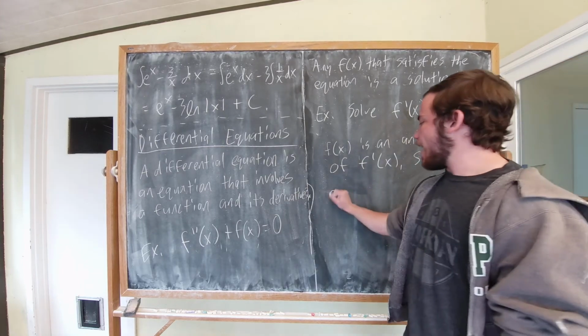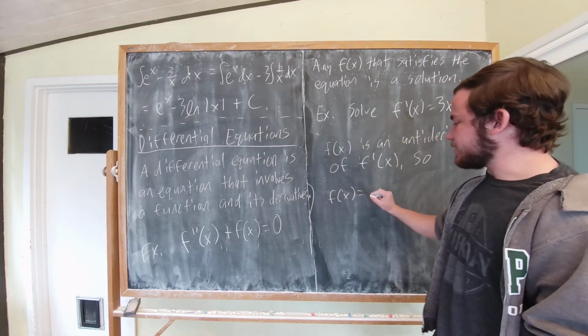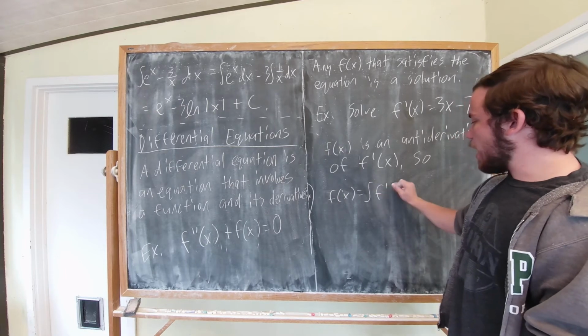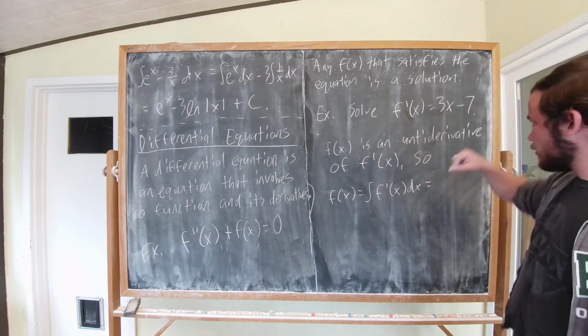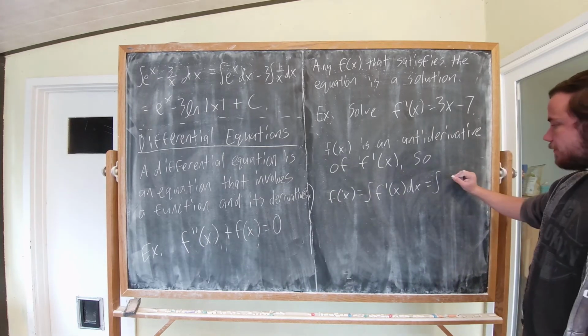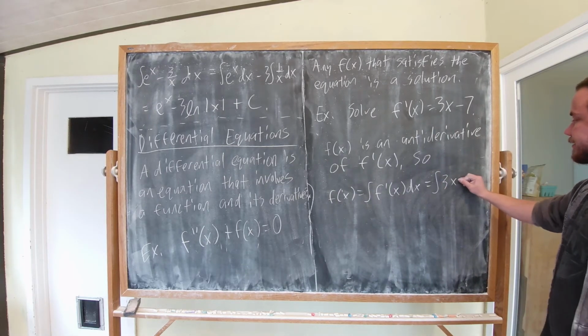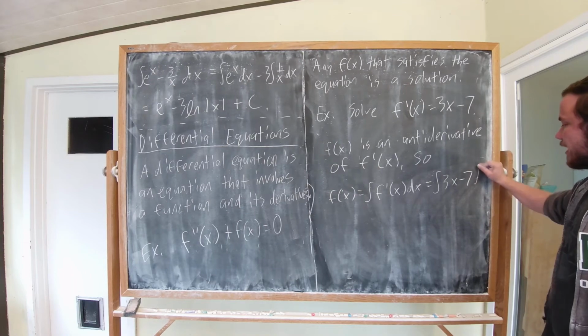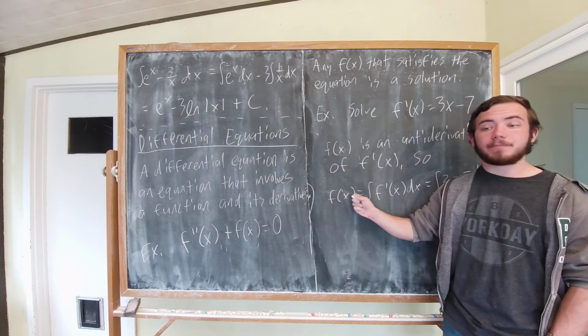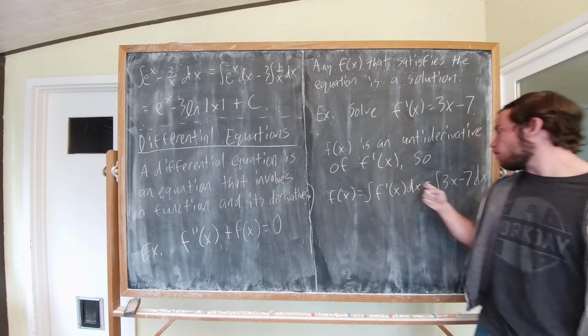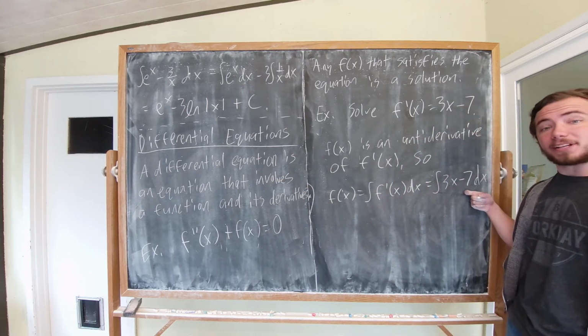So, f of x is equal to the integral of f prime of x dx, which is equal to the integral of 3x minus 7 dx. Again, should there be a little plus c there? Yes. Will it matter? No, because we're going to have another plus c on this side.